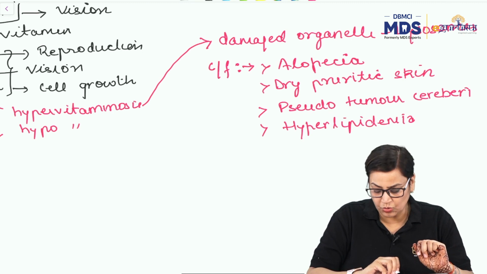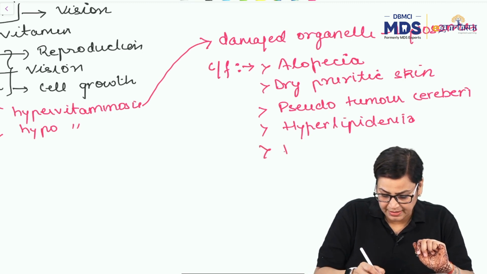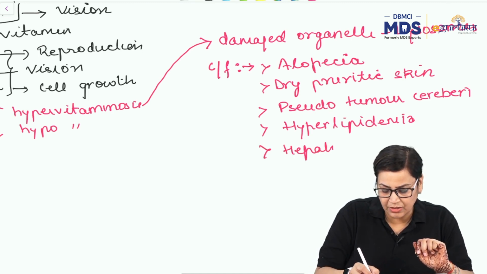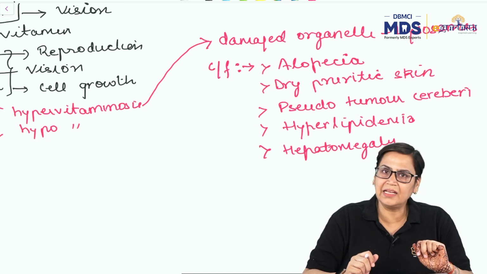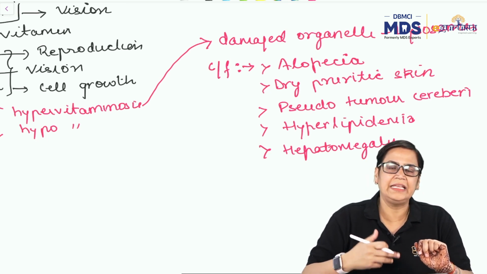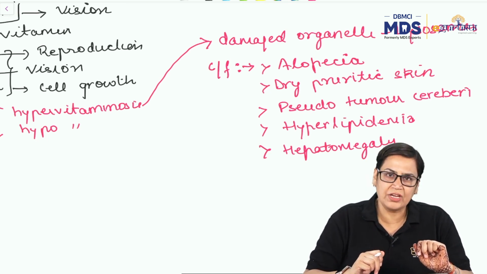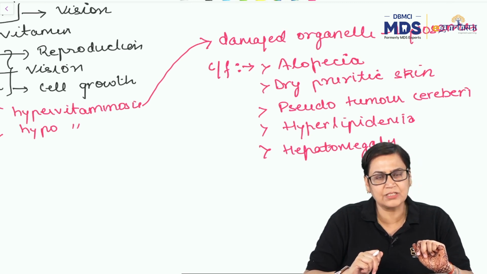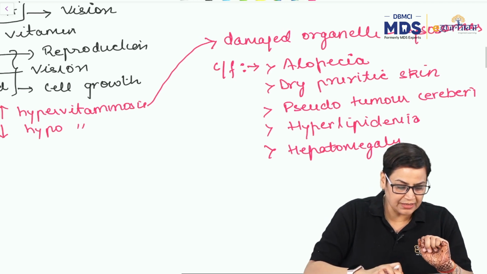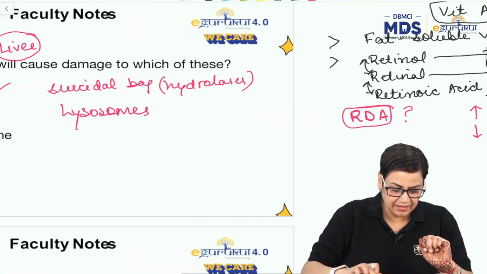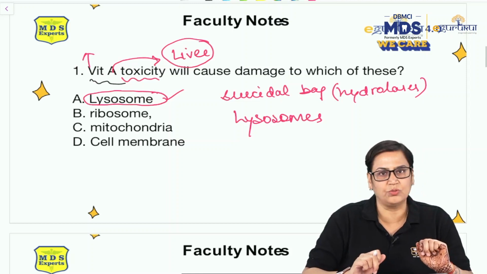It can lead to hepatomegaly, enlargement of the liver. So these are the clinical features when vitamin A toxicity occurs. So the answer to this question is lysosomes.